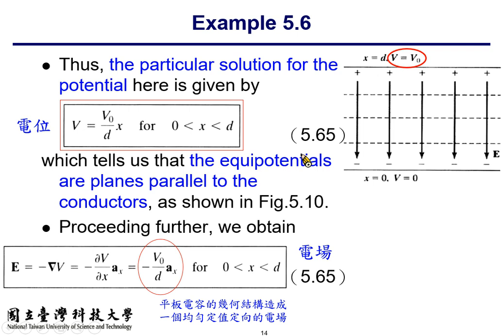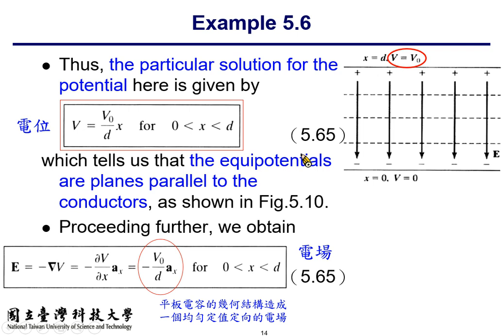What is the voltage beyond 0 and d? What is the voltage outside of the capacitor? Well, actually, in chapter 1, we have already seen the electrical field intensity built up by an infinite plane of electrical charge, right?